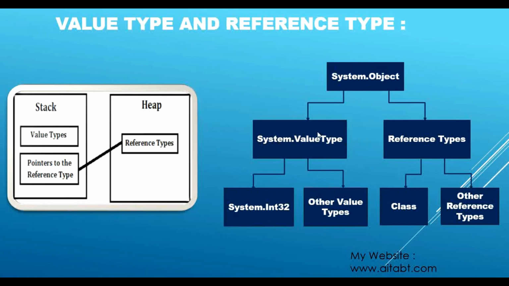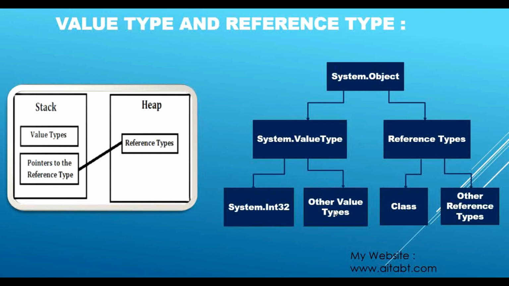So System.ValueType comes from System.Object, and the reference types, that is class and the others I have told you about, can be interface, delegates, etc. System.ValueType also comes from System.Object, and System.ValueType contains System.Int32 and the other value types that I have told you about, that is Boolean types, integral types, and nullable types.